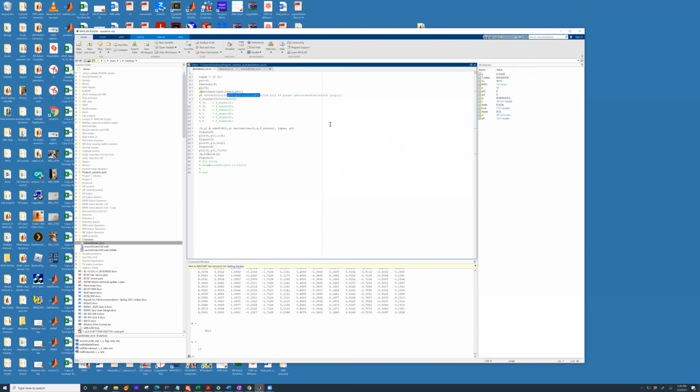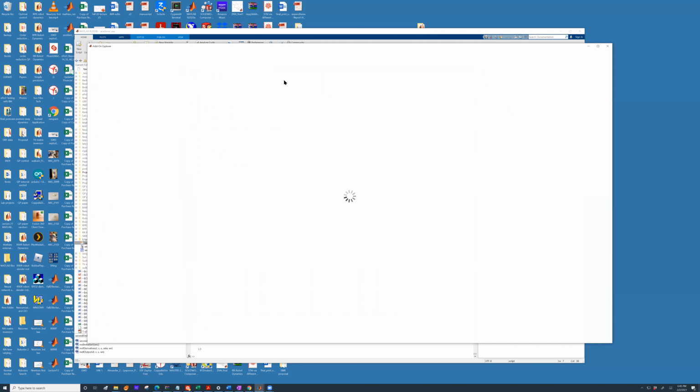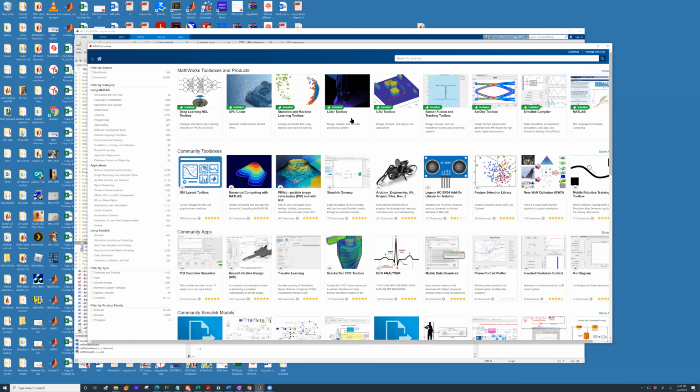And then once you click there, it will take you to this Add-On Explorer. There you would have the list of toolboxes that are installed and the other toolboxes that you can install. So here you can go and look for the Robotics System Toolbox.